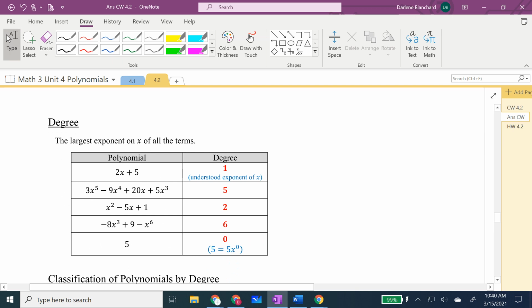The degree of a polynomial is simply its largest exponent. So when you see a line, that's considered degree 1, but know that it has to have its leading coefficient not be 0.